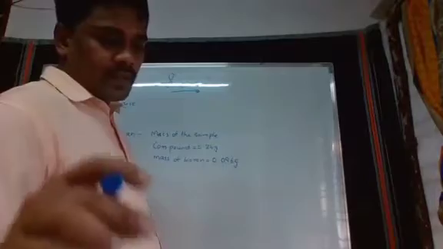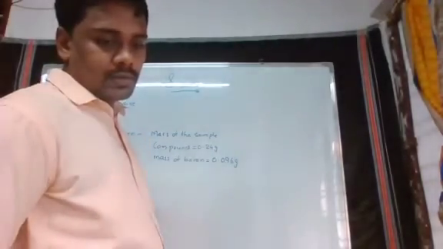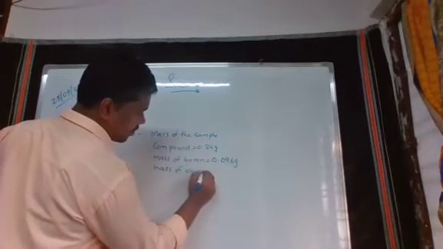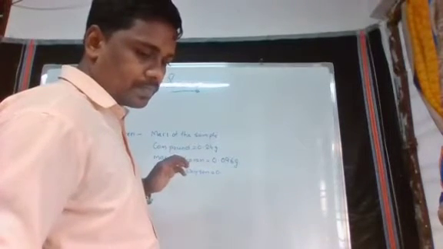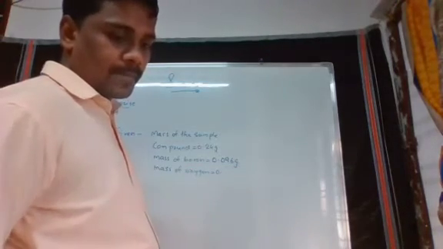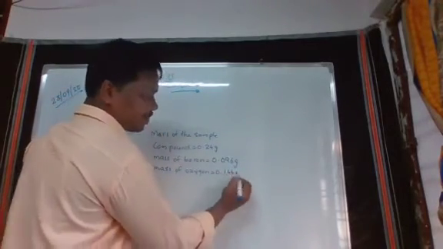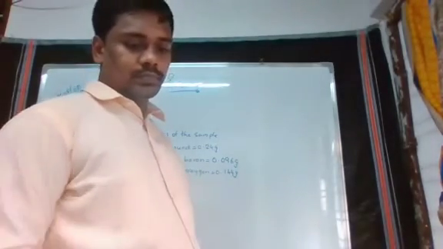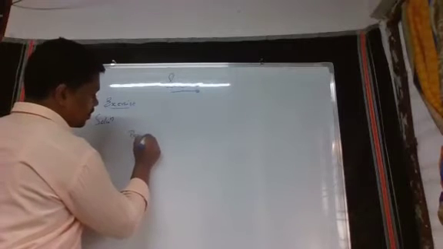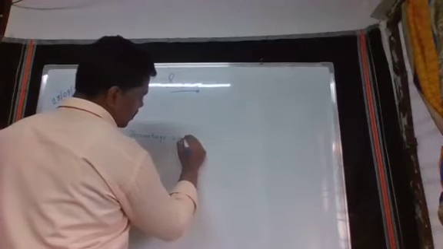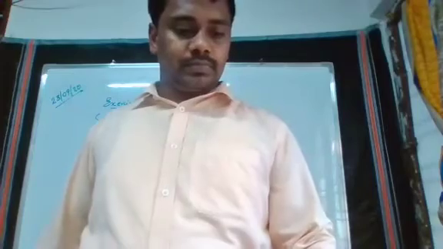Mass of oxygen is 0.144 gram. Then we have to find the percentage composition of the compound.